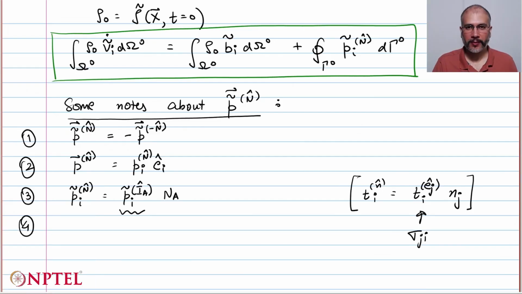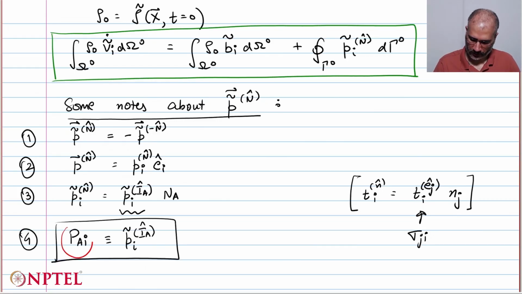And with this idea, we can now define a new stress tensor, which we write with a capital P, indices A and I, which is the stress vector P on the IA plane in the small I direction. So this small I index denotes the component along the spatial coordinate system, and the capital A index denotes the component along the material coordinate for expressing the normal to the area on which the stress vector has been written.